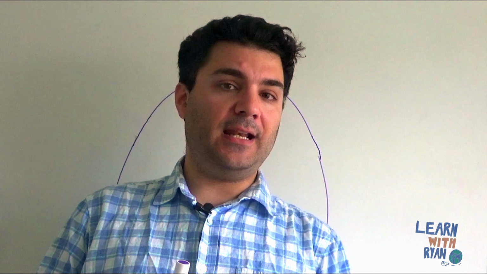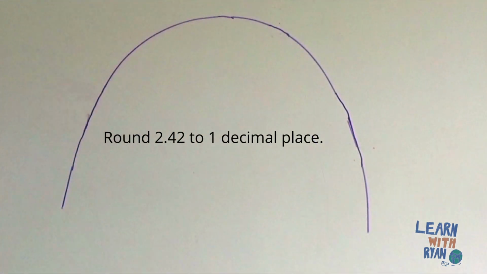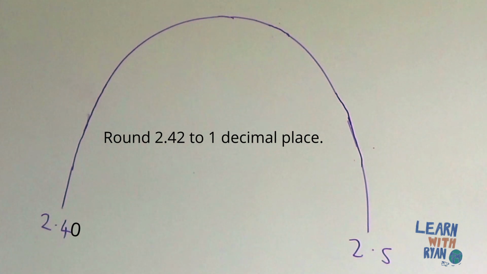Now let's look at rounding to 1 decimal place. And let's go straight to an example. Suppose we want to round 2.42 to 1 decimal place. So for this question, we need to ask ourselves, is it closer to 2.4 or 2.5? If it helps, maybe add a 0 at the end of 2.4 and at the end of 2.5.